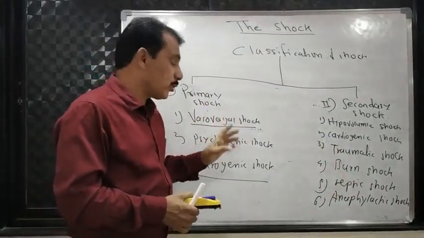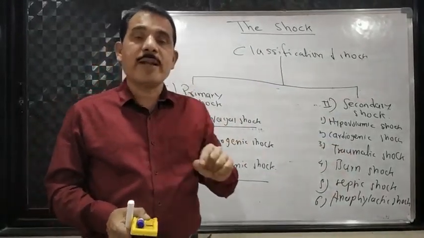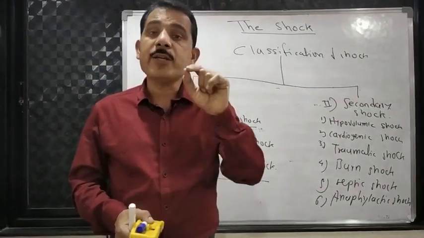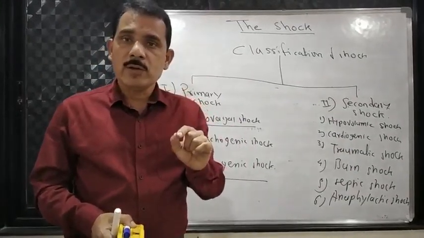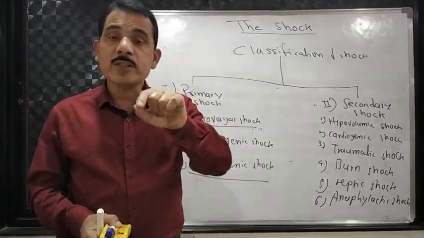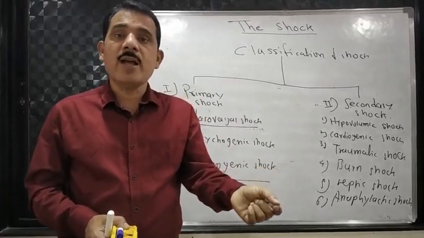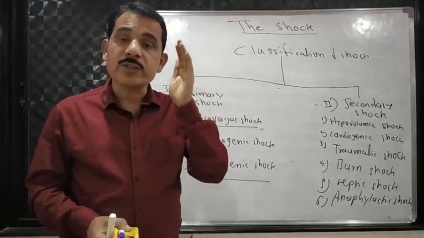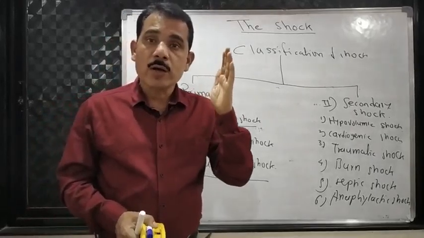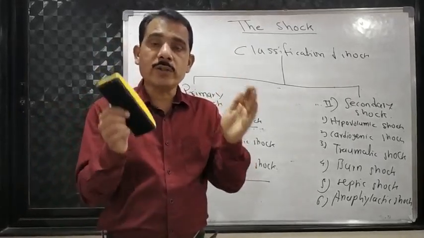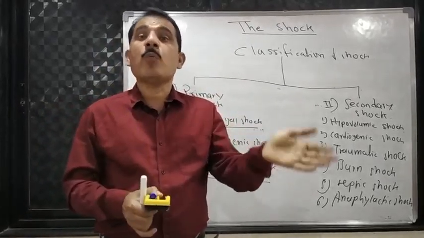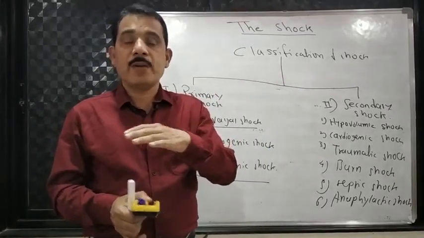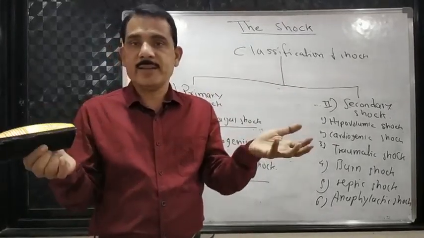But in neurogenic shock, when injury to the spine causes damage to the sympathetic nerve, the sympathetic nerve supply to the vessels is disconnected, the vasoconstrictor effect over these vessels is abolished, and the vessels remain dilated.